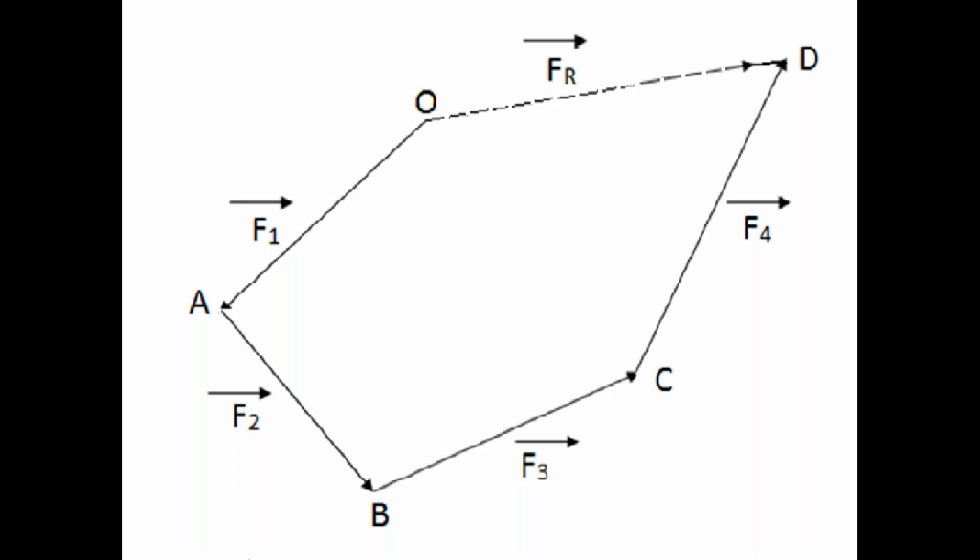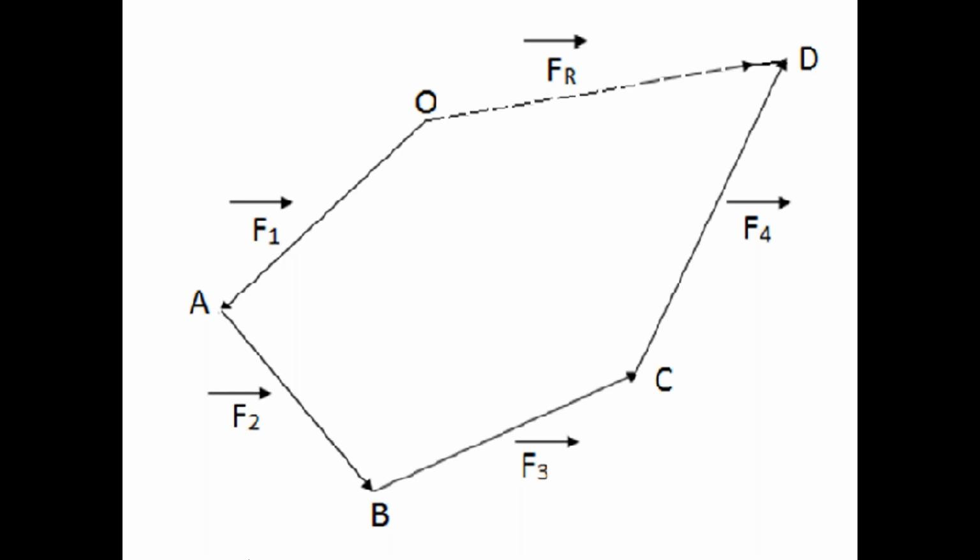Sometimes we have 6 forces, 8 forces. Whatever the number of forces acting on the rigid body, by using this polygon law of forces, you can find out the resultant force of all those forces, provided the polygon is an open polygon. Take the first force as one side of the polygon, the second force as the second side, the third force as the third side.